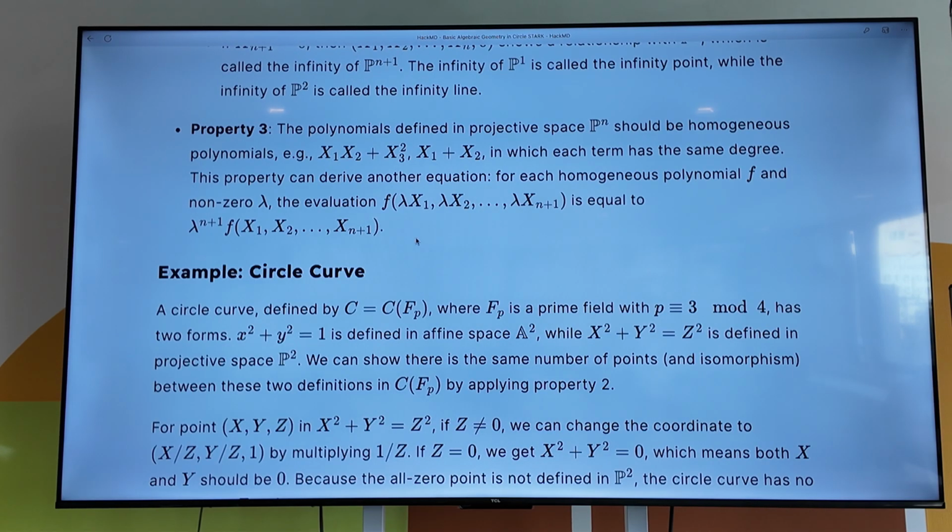That means if we have two curves in the same space and we want to map one curve to another curve, it will be very useful, because if we multiply a lambda to every coordinate of the original curve, it will still work.